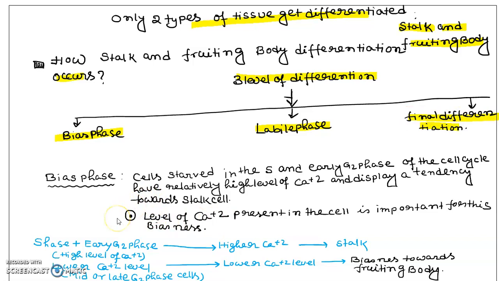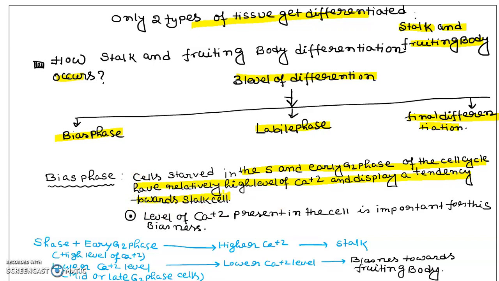Bias phase: what is the bias phase? Cells starved in the S phase and early G2 phase of the cell cycle have a relatively high level of calcium and display a tendency towards stalk cells.